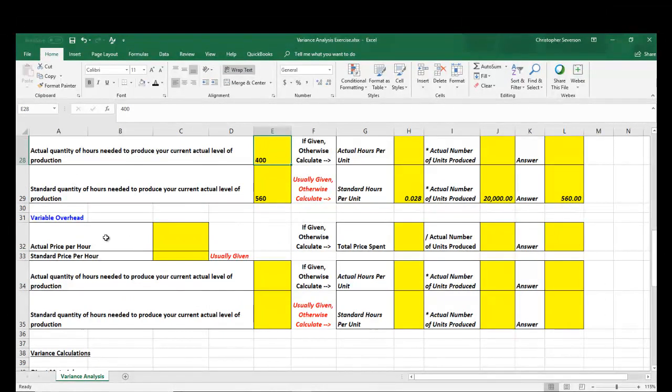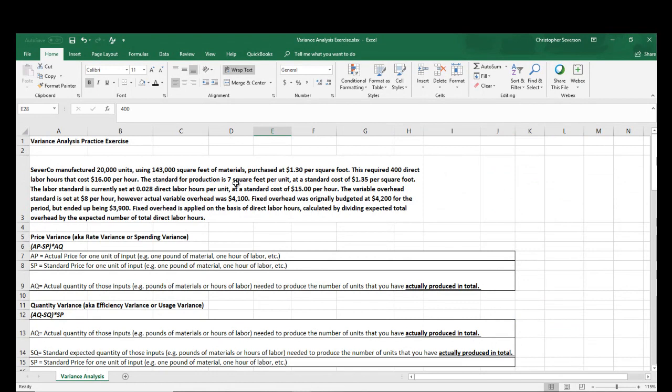Now we get to the variable overhead. Now, this is actual price per hour of overhead. Don't get that confused with labor. The quantity would be the same, but the price is going to be different. So here in this case, they tell us the variable overhead standard of $8 per hour, but they tell us that actual variable overhead was $4,100.